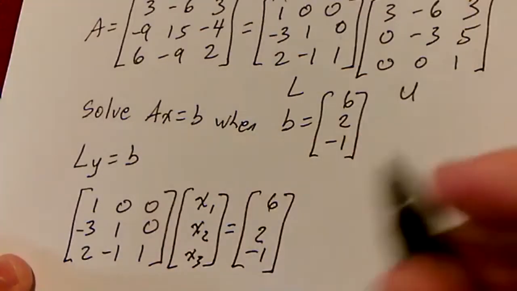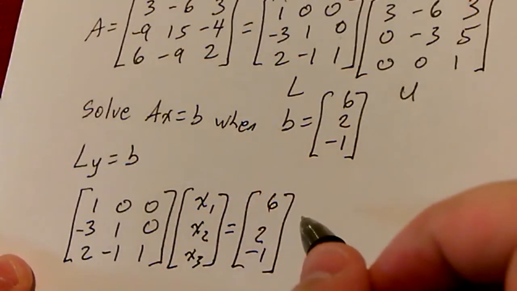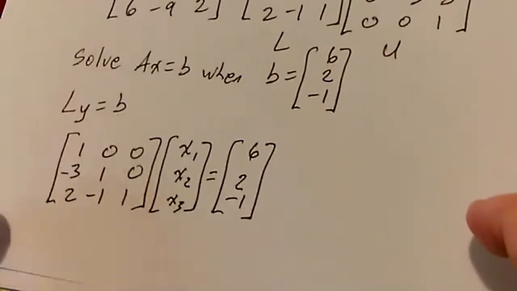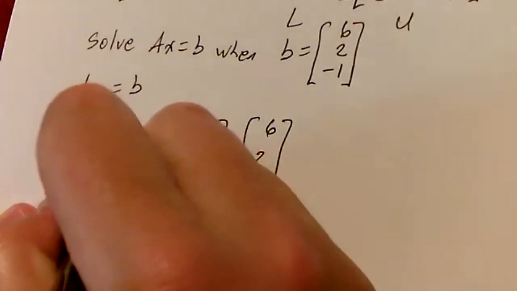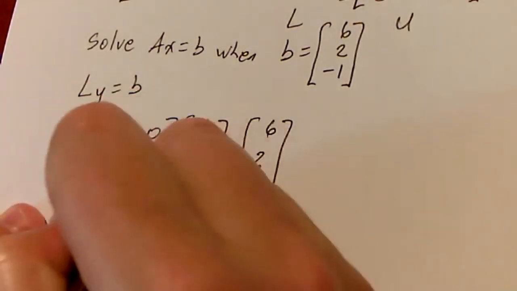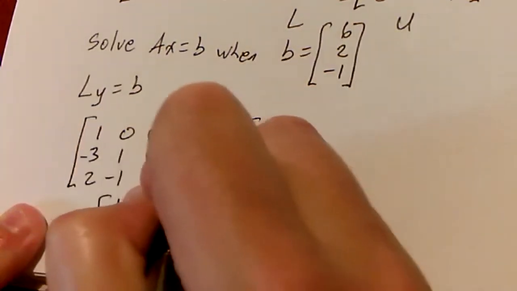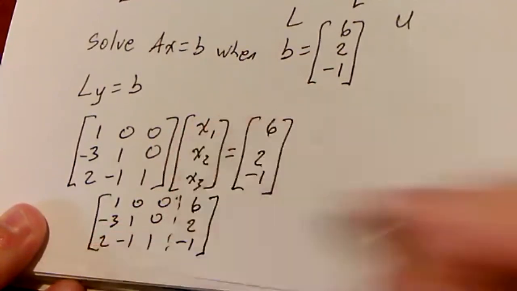You could augment. You can also take the inverse, but the inverse may be difficult. Augmenting is probably easier here because I have a fairly easy triangular matrix to accommodate. That's why we like triangular matrices. I'm going to augment that with 6, 2, -1.